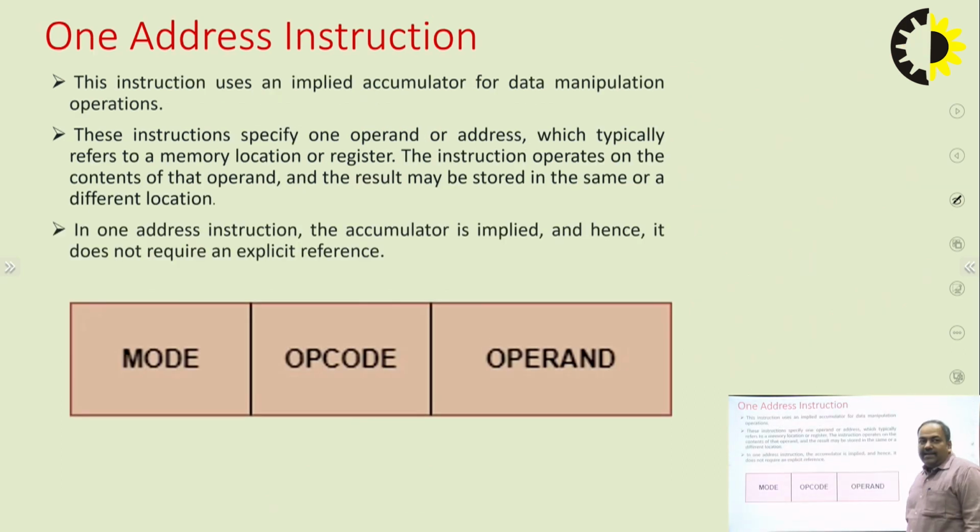Next, the 1 address instruction. The 1 address instruction does not use a register or memory, it also has the accumulator. For data manipulation we use the accumulator, and this instruction specifies one operand or address, which typically refers to a memory location or register, and the accumulator is implied, so it does not require any explicit reference.